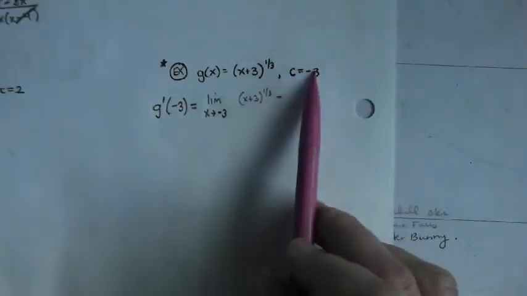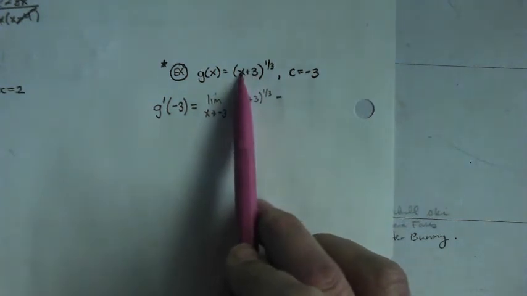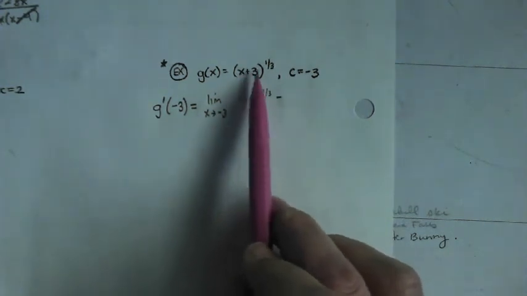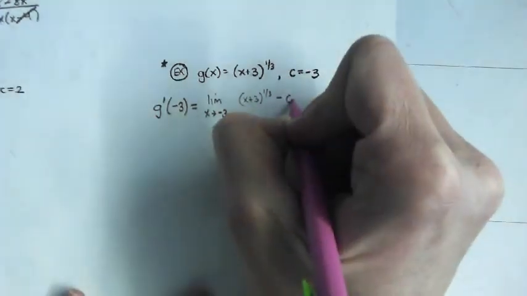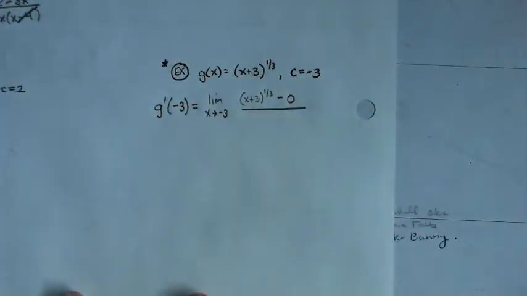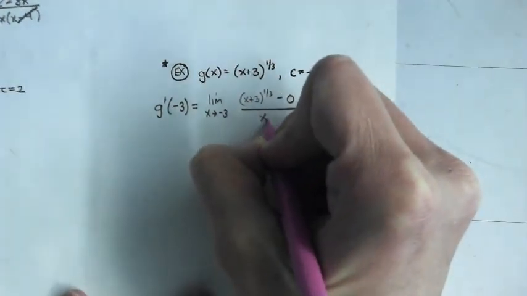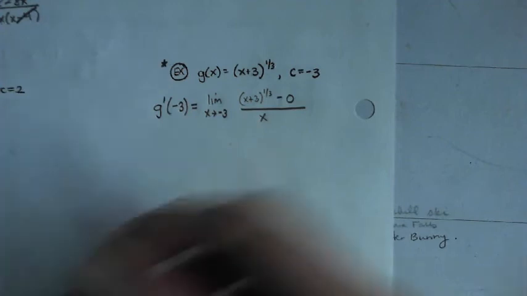So what is f of c? If I plug in -3, I get -3 plus 3, which is 0. What's 0 to the 1/3 power? 0, right? All over x minus -3, which will be x plus 3.